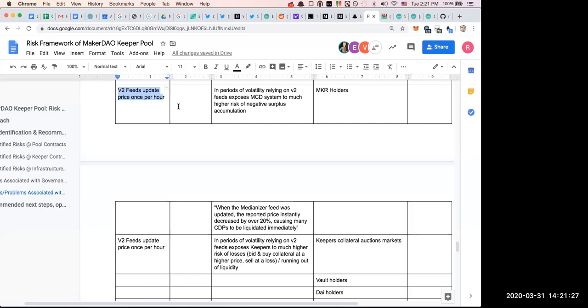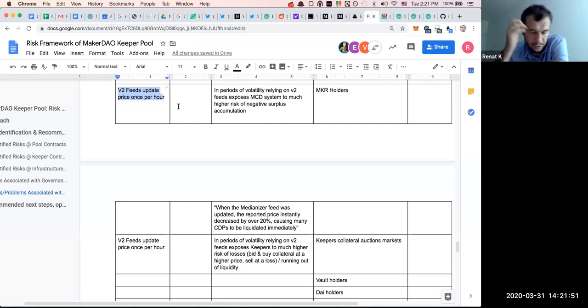Yeah, so there is a special contract with the name CAT. This CAT contract is able to bite some part of collateral during this hour if the requirements are met, so if it's undercollateralized. And let's say the price just came in, right?